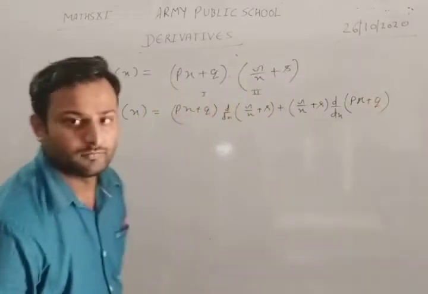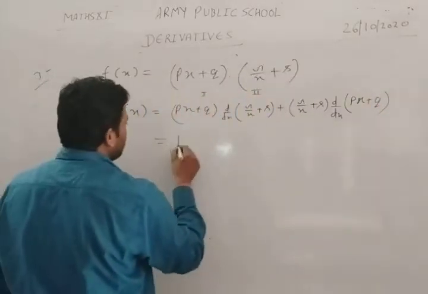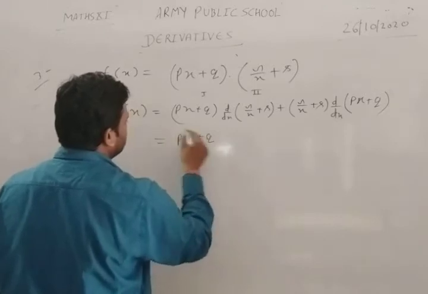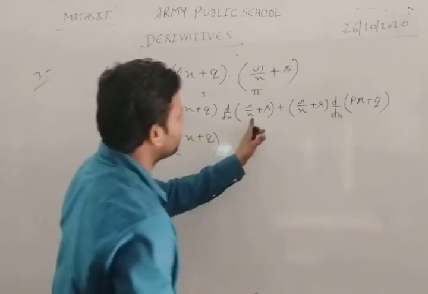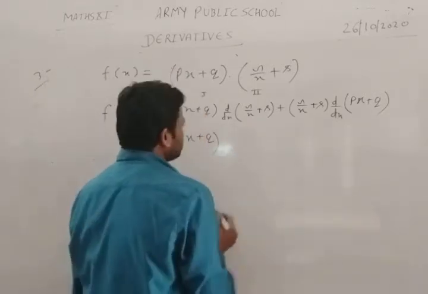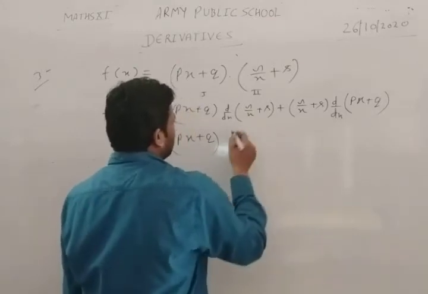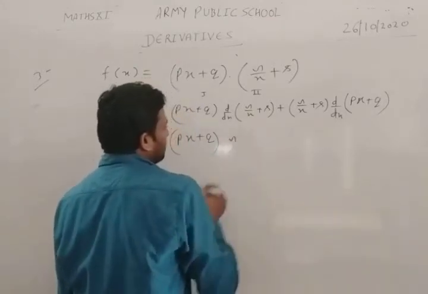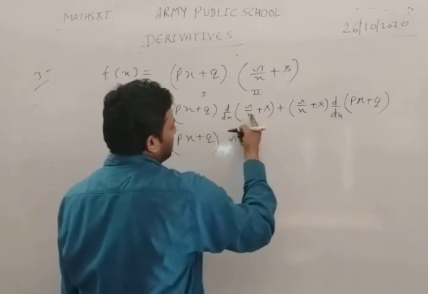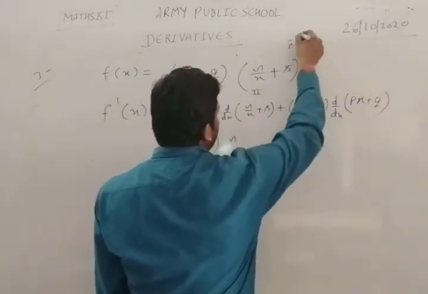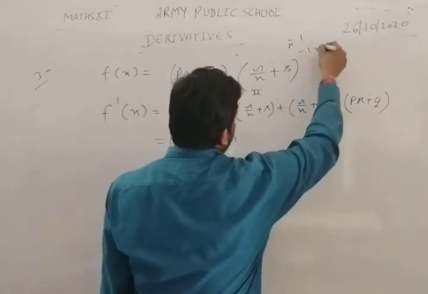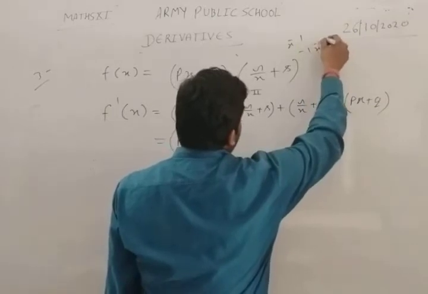Okay. Now px plus q differentiation of this will be what? Here this r is constant, and when we send this x to the power -1, we get -1 x to the power -1.